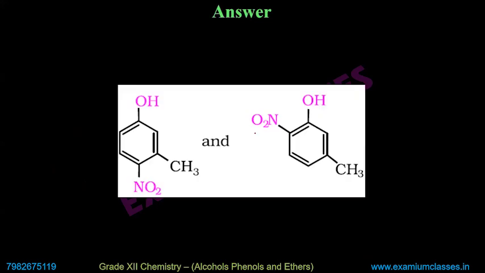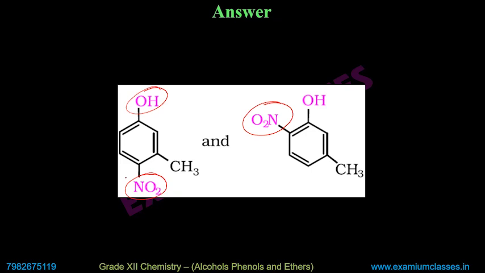So what should happen? It should get attached at that side where there is less hindrance, not here. So ortho position, NO2 group will get attached to that position which has less hindrance. Then para position is para position, there is no confusion there. It is just opposite to OH group.